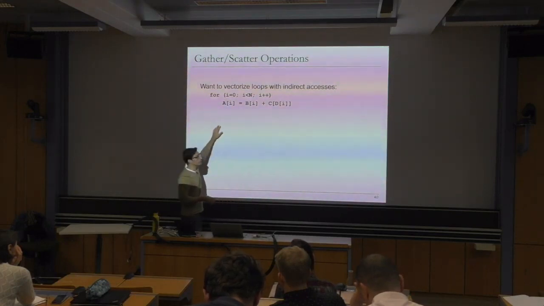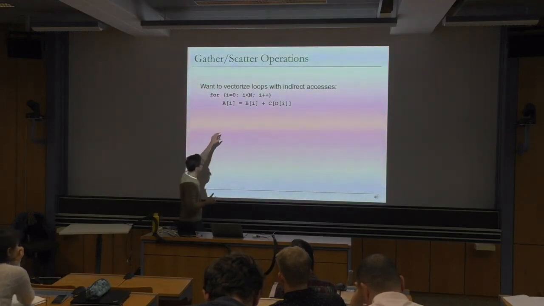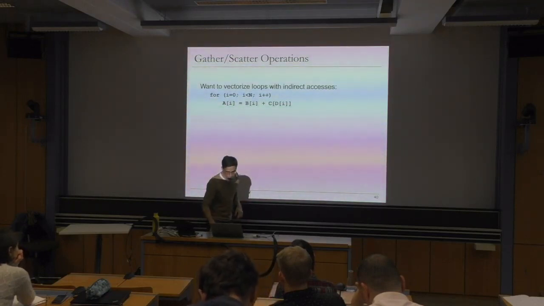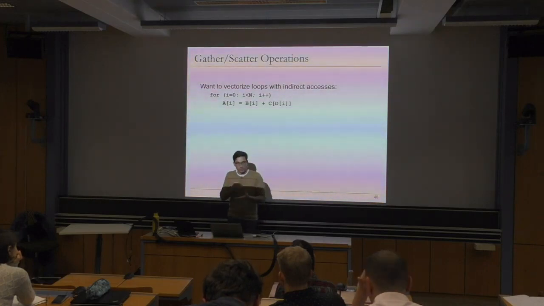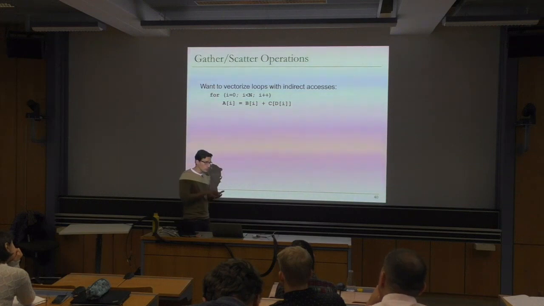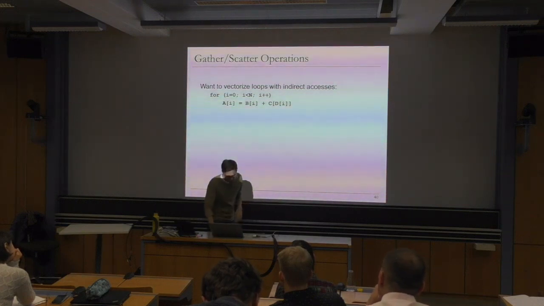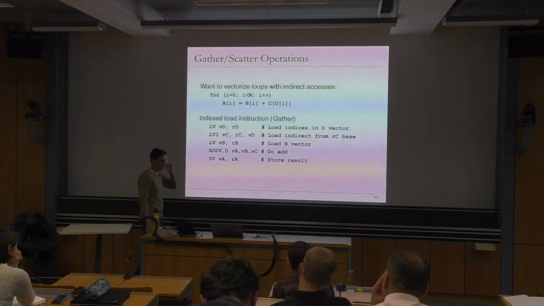So if you have to operate on sparse data structures, you will likely have memory accesses like this one, where you first need to read an array D, and this array D contains the addresses that you need to read from array C. The problem here is that the accesses to memory are no longer regular, so they are probably going to be costlier.